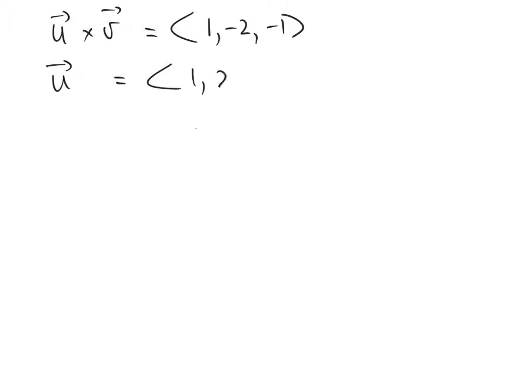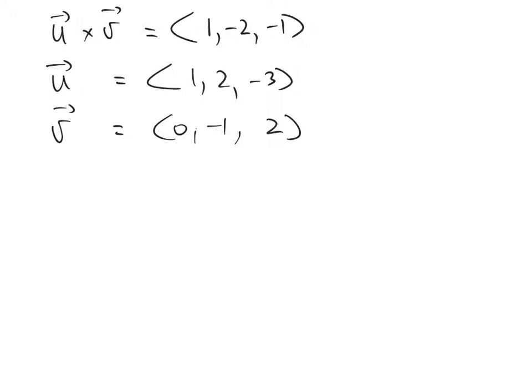So we found that u cross v is a vector with components (1, negative 2, negative 1), where u is a vector with components (1, 2, negative 3), and v equals (0, negative 1, 2).